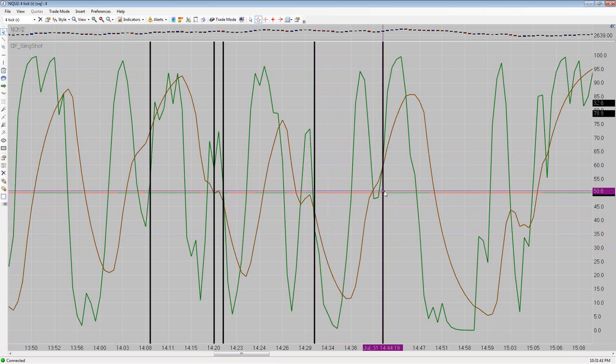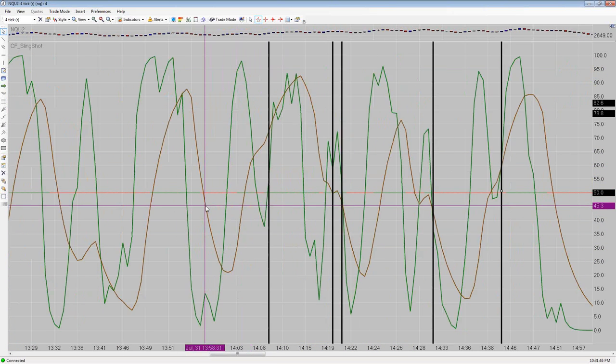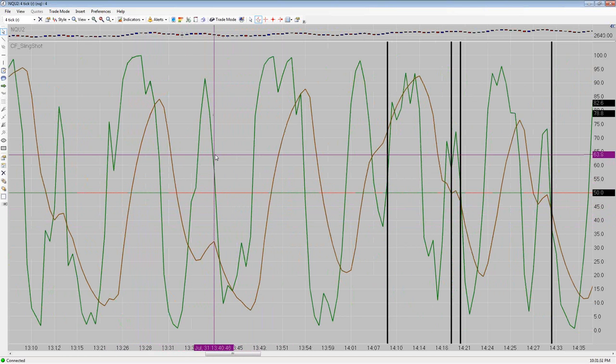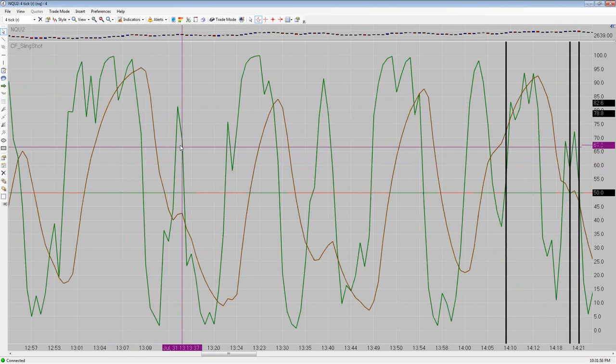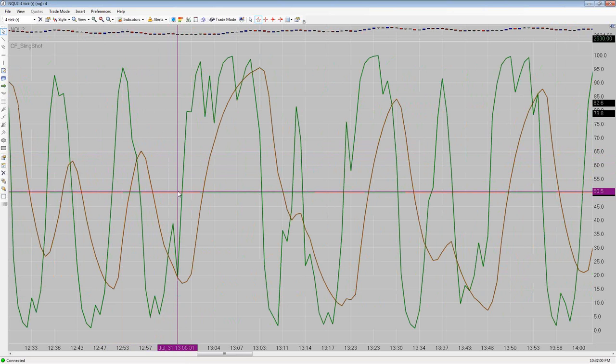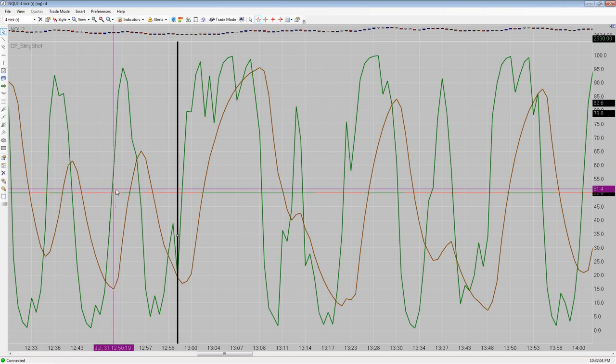And this is just random stuff. I'm just randomly picking these. I'm not cherry picking anything. There's one particular thing that I'm looking for here, and when it happens, that's when you're looking to get into the trade. Yeah, might have been one right over here as well.